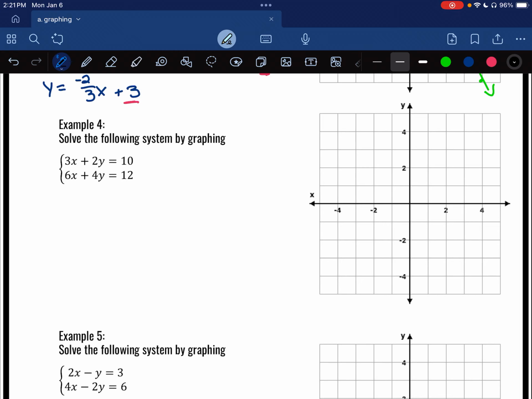So if we look at example 4, same thing as usual, right? These guys are not in slope-intercept form. So we gotta fix that. So just rewriting the first one down here. Let us solve.